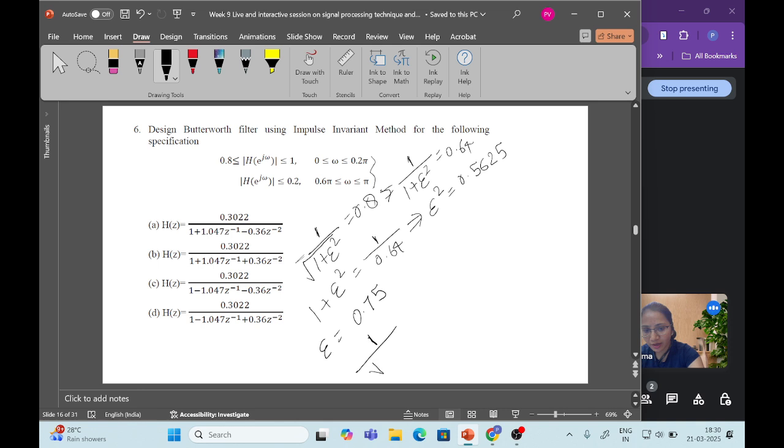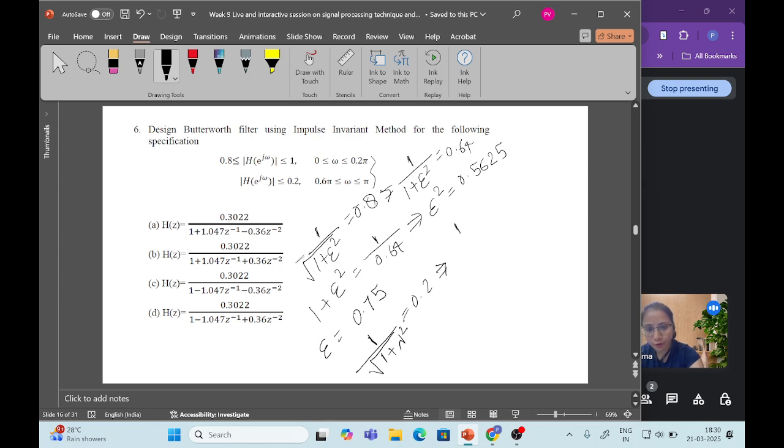Similarly we have to calculate the lambda value also. So 1 divided by the square root of 1 plus lambda squared is equal to 0.2, which is given. Here omega varies from 0 to 0.2 pi, and in that range the magnitude of the Butterworth filter will vary from 0.8 to 1, and from 0.6 pi to pi the magnitude will be less than or equal to 0.2. Less than is not defined, so we are taking 0.2.